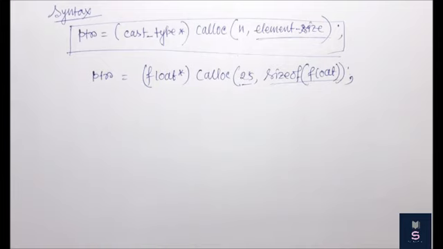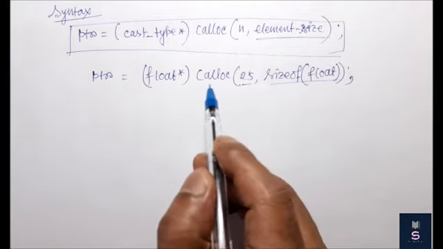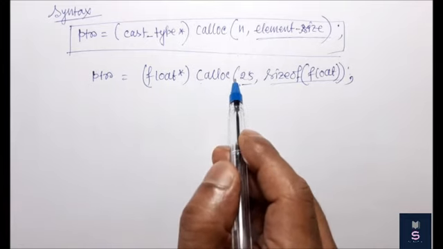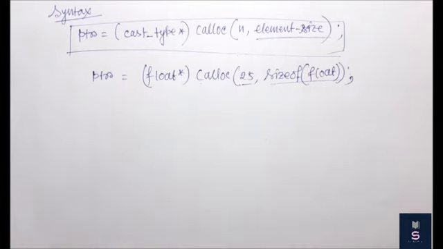So, it means that the calloc function is used to allocate contiguous memory. Calloc means contiguous allocation, contiguous memory allocation, or we can say element by element basis.